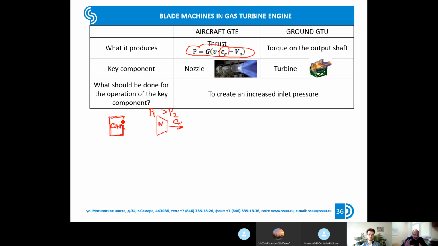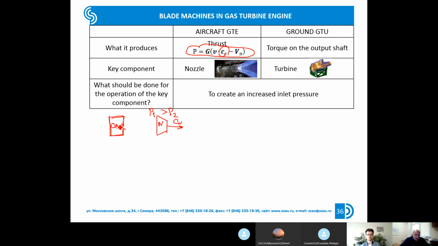And let's imagine we create an engine which consists of the compressor and the nozzle. The compressor will compress the air and supply it to the inlet of the nozzle, and finally we receive a high-speed jet.